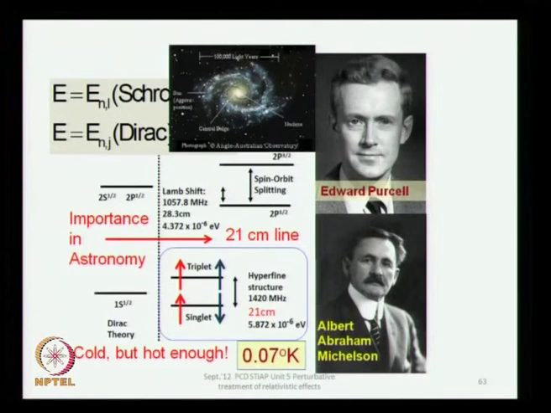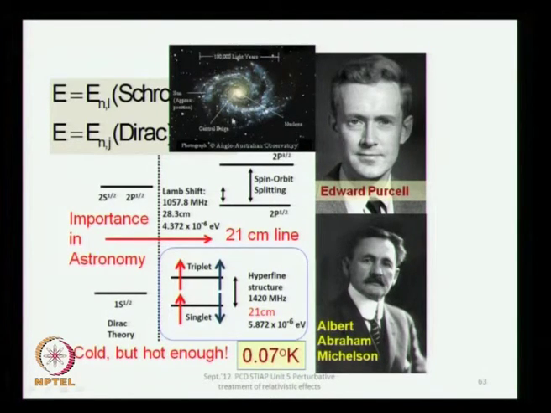But these were excellent scientists who contributed to very many different fields. But here the contribution of Purcell, which is of importance to us, is the spectroscopic techniques he set up to observe the 21 centimeter line in space, and by studying this 21 centimeter line in space, we have been able to map our own Milky Way.